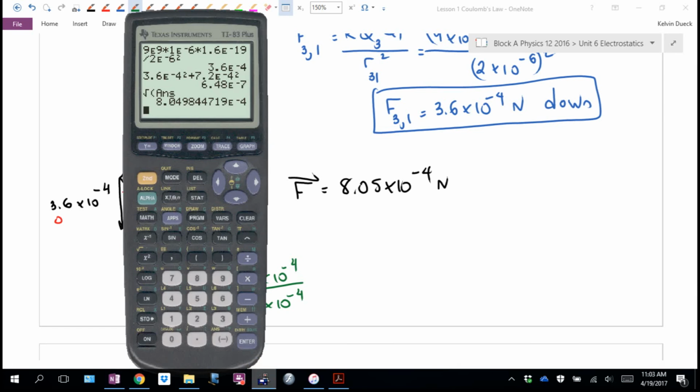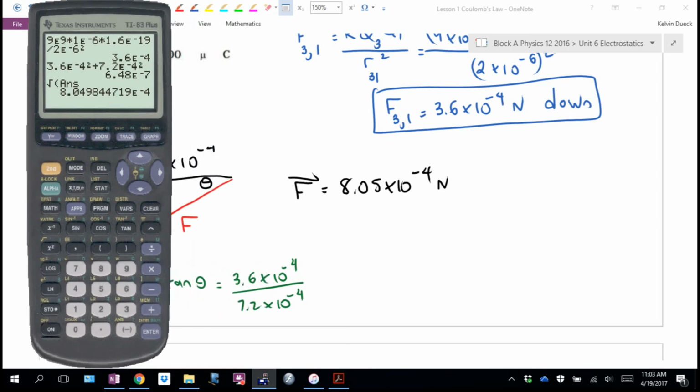There will be some trig in this unit occasionally, so those of you that are in math and in radians, or in calculus and in radians, make sure you're in degrees. I get a theta of 26.6 degrees. No? Am I wrong? I think I'm right. Am I not?